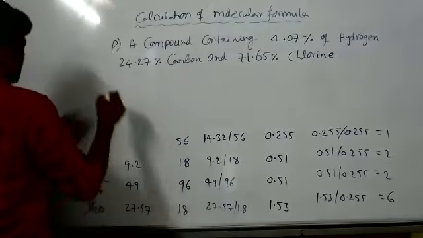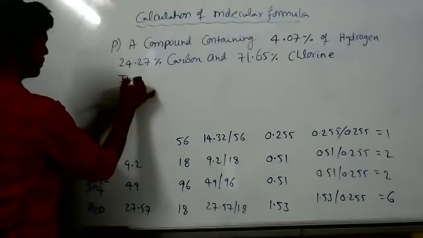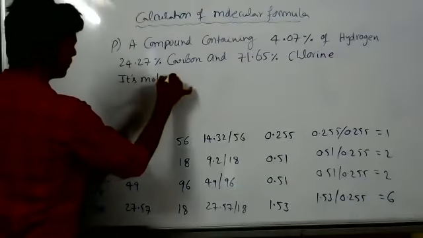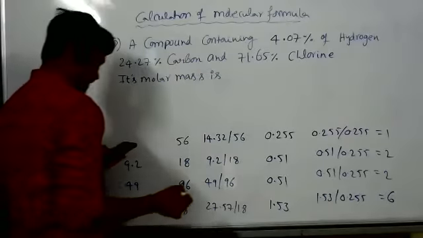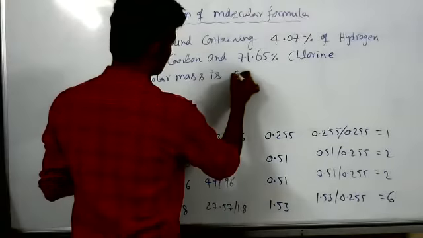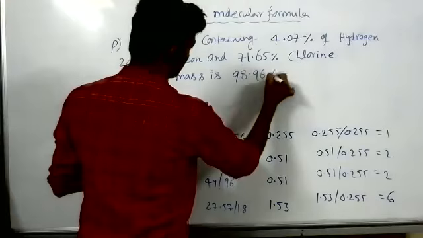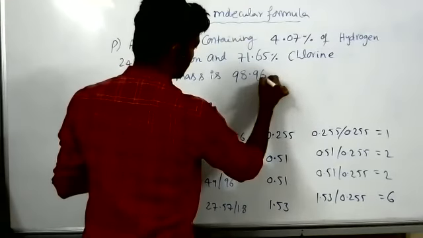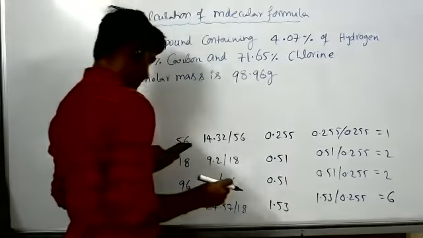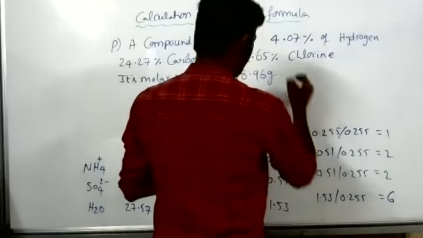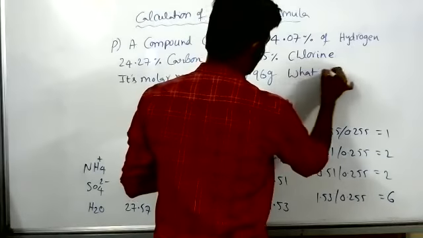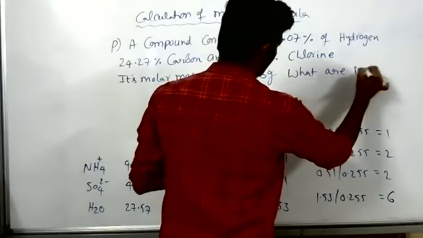Its molar mass is 98.96 grams. What are its empirical and molecular formula?